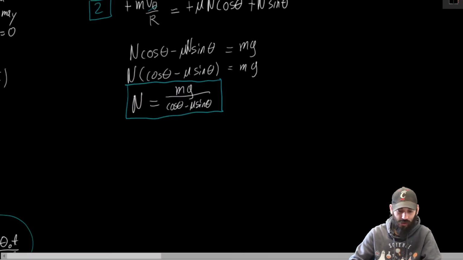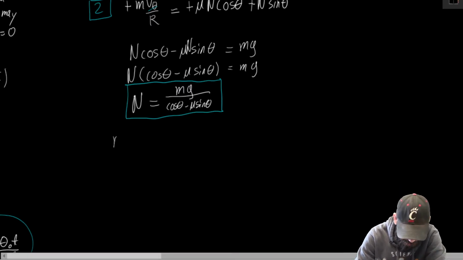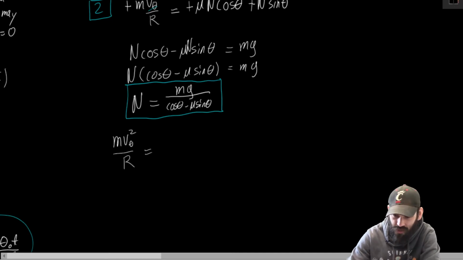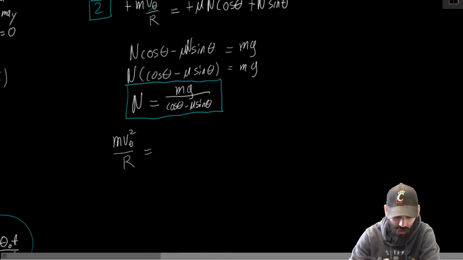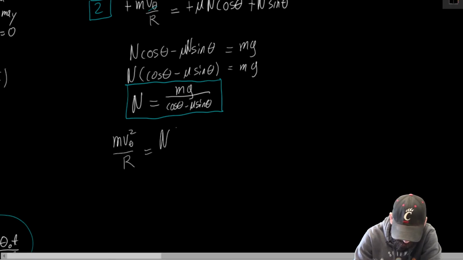So now let's go to equation 2. Equation 2 can be rewritten. So we have mv theta squared divided by r is going to be equal to, and let's factor out our n's again. And I'm actually going to rearrange terms to regroup them. So this is going to be n times sine of theta plus mu cosine of theta. Okay?